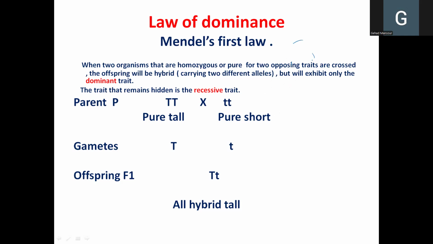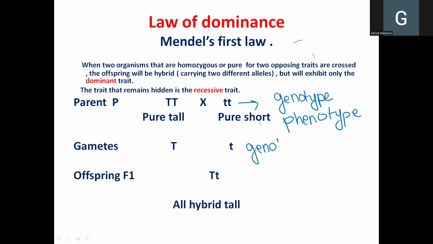So here we have the parental genotype. This is the genotype of the parents. And then here we have the phenotype of the parents. And then again, we have the genotype, but the genotype of the gametes. And then we have the genotype of the offspring.